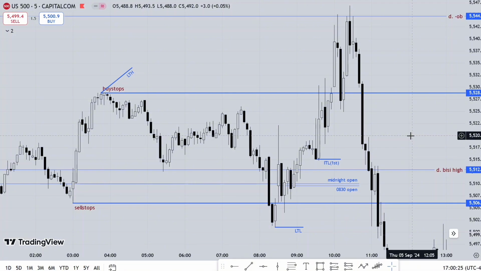But by the way, if you watch the core content, I think month 4 or month 5, you understand what I'm talking about. So let's continue. When an intermediate term low is created and makes its first stage reaccumulation of a market maker buy model, it leaves an order block or a fair value gap.